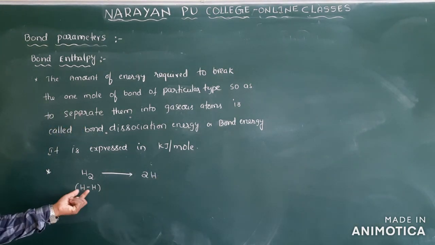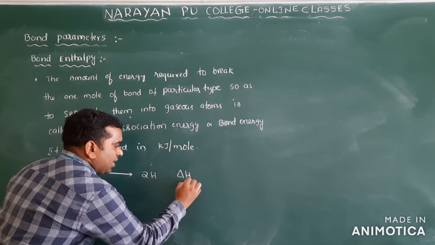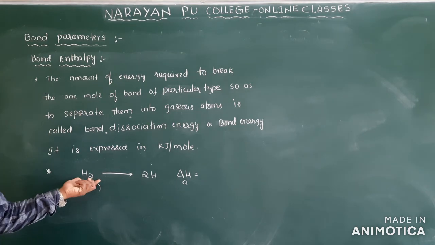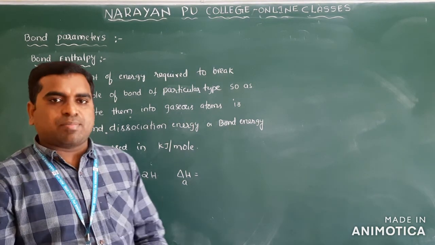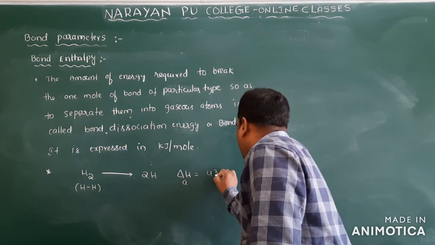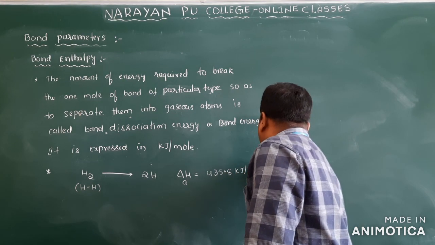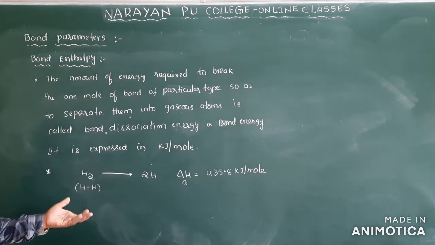I break this bond: 1 hydrogen atom, 1 hydrogen atom, 2 hydrogen atoms, and this is called atomization energy. That means breaking the bond to convert it into atoms is called atomization energy. And how much energy is it? It is almost 435.8 kilojoule per mole. Clear? For diatomic molecules, there is no problem.